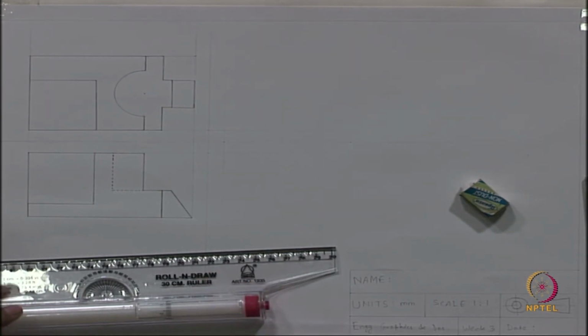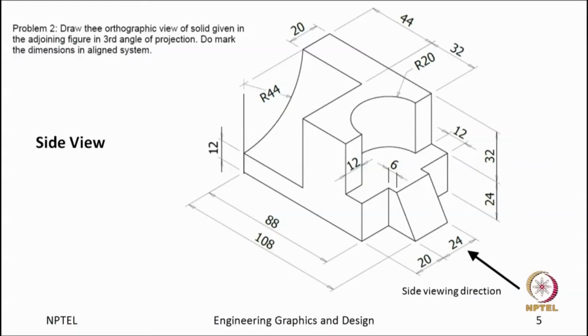The third is the side view. This was the front and this is the right side view. The features we will be looking at from the side: this first, this whole three, as well as these two surfaces of both sides.